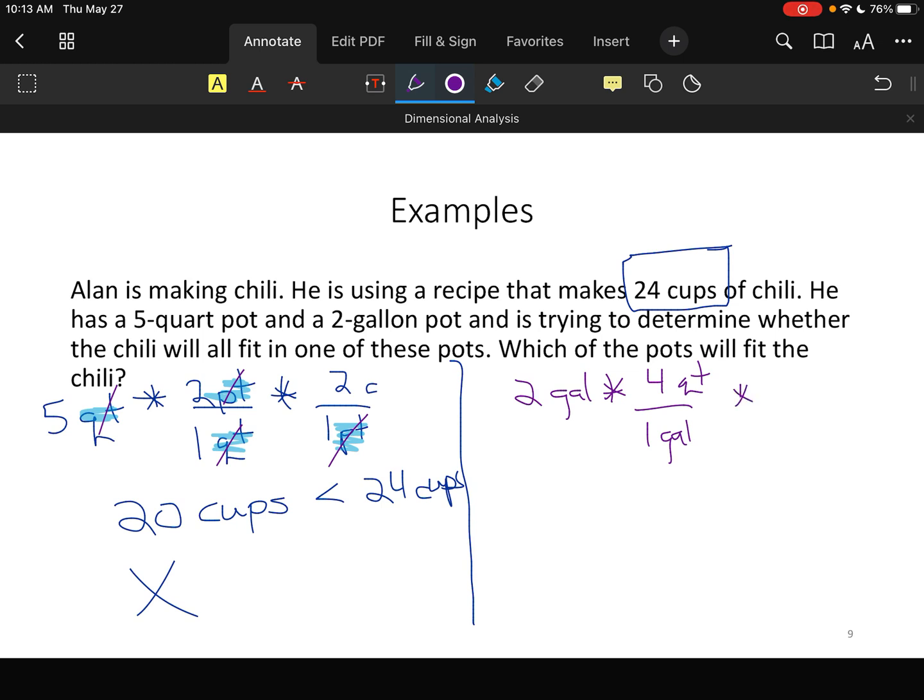And then I know that 1 quart is 2 pints, and 1 pint is 2 cups.